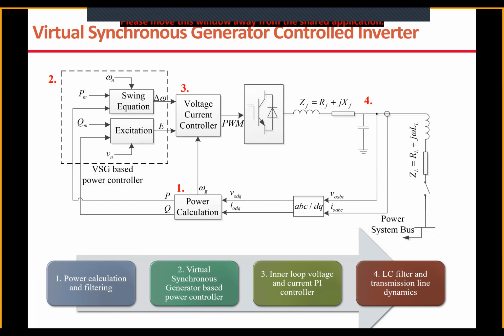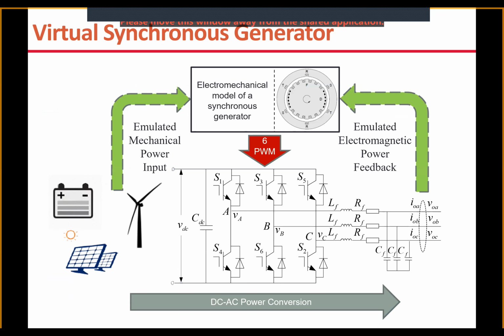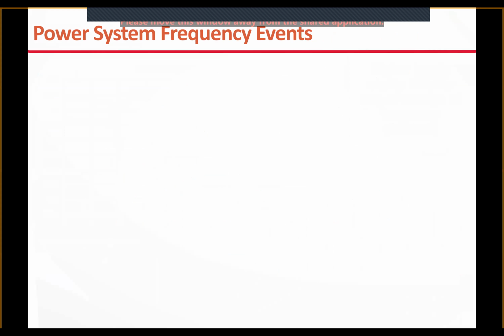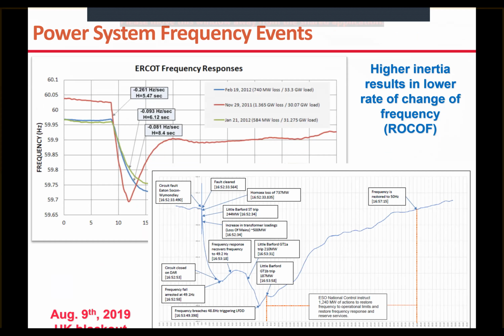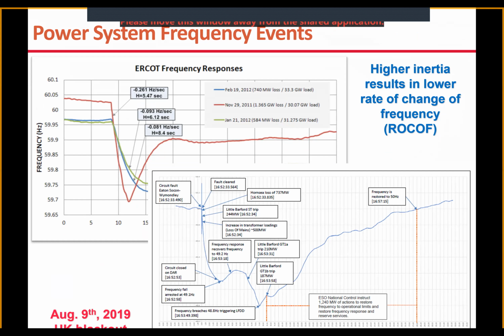So your question is that the UK has a steeper frequency decline, right? If you go to that one, here, you see ERCOT, the lowest one is 59.7. The UK is as low as 48 something.